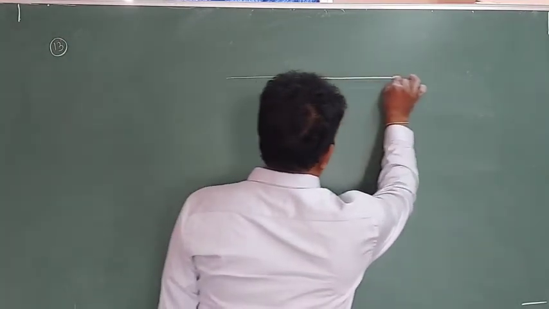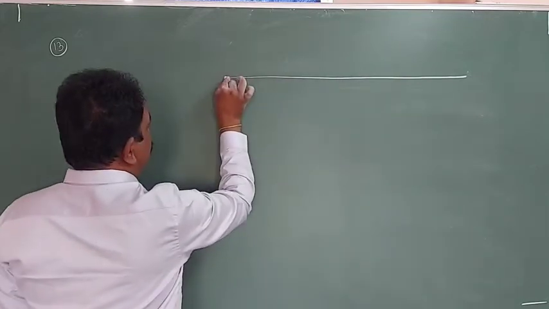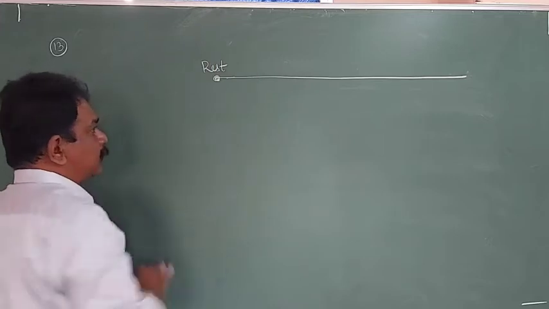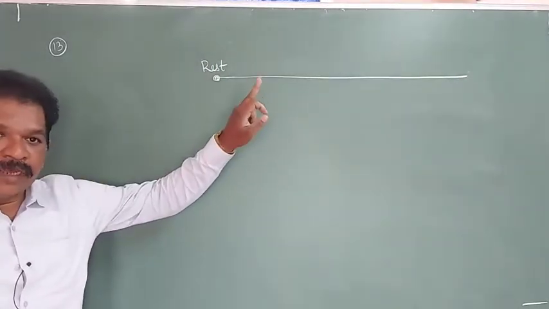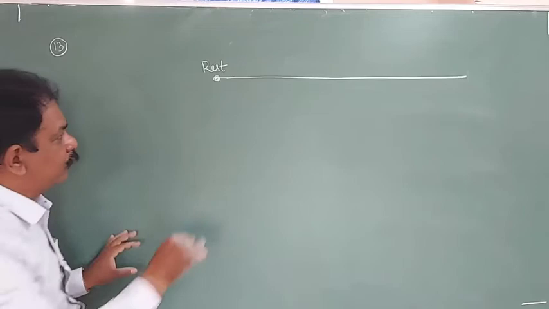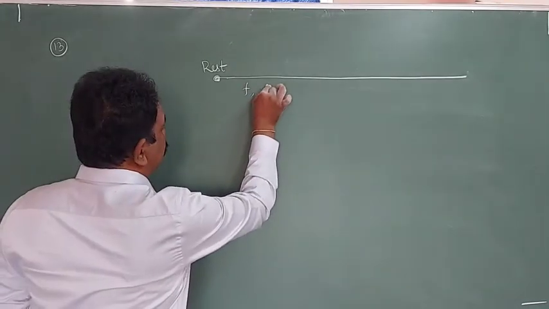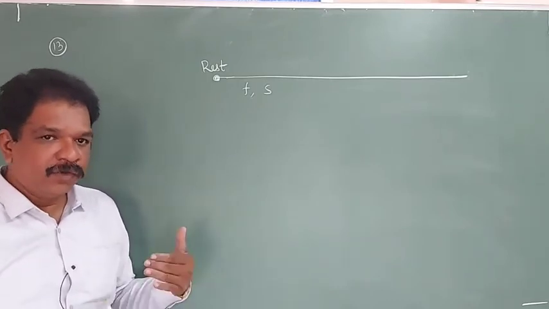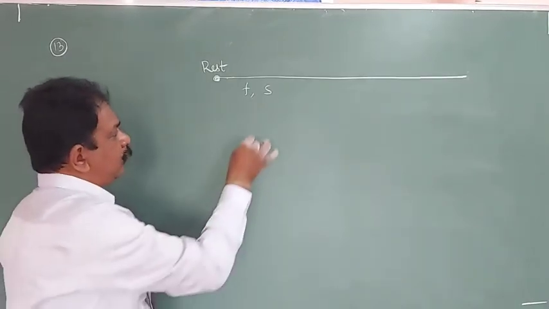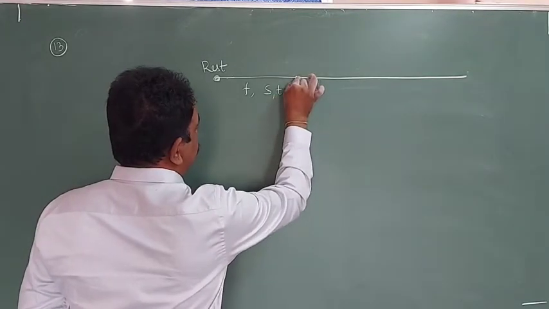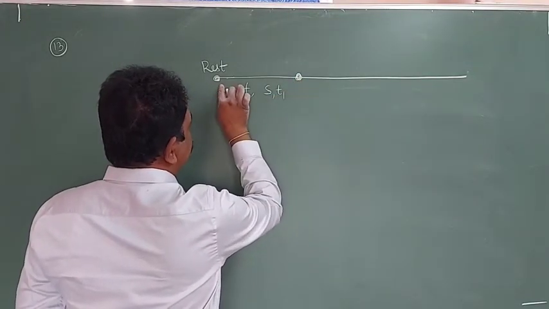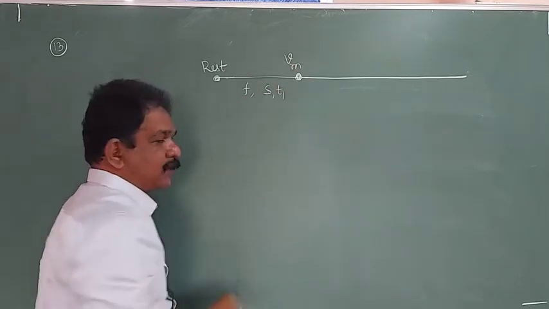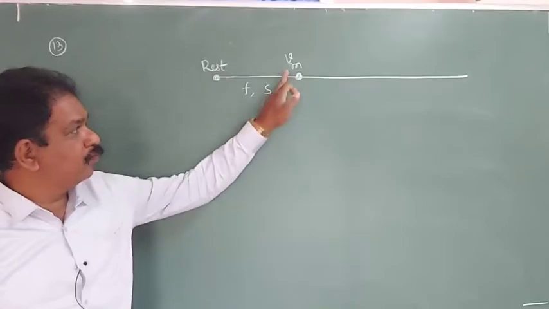Like this one. Here, the car started from rest, moving with acceleration f, and covered a displacement s in some time. They won't give the time, so I am assuming it as t1. Its velocity is gradually increasing. Here velocity becomes maximum, Vmax.